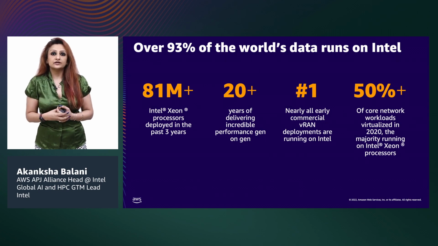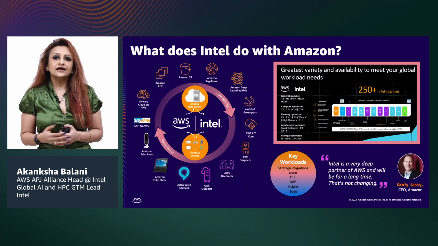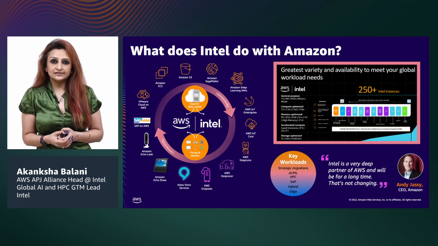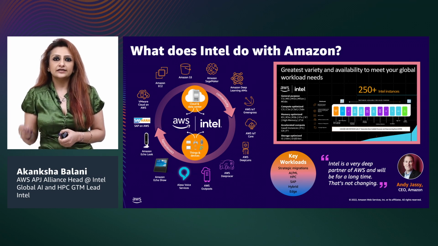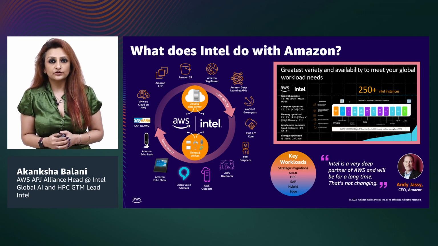We want to make sure that with the performance driven on Intel, with computing that's provided on the cloud by AWS, you have the most optimized solution for your needs. I'd like to also take you through the journey of what Intel has been doing with AWS for the past 16 years. Intel has been customizing its silicon year on year, iterating on its technology to be made available on AWS's cloud platforms.